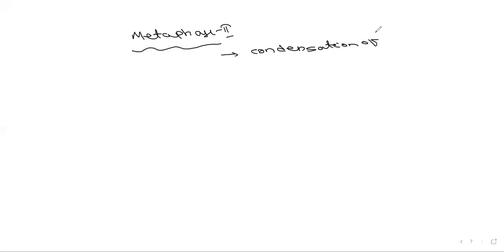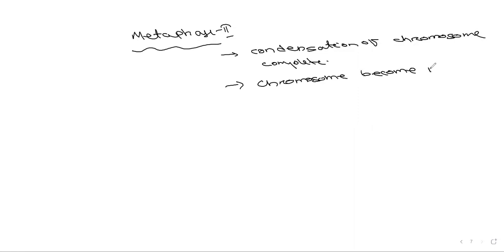Then let's come to your metaphase 2. This is also the same as compared to mitosis. Here in metaphase 2, condensation of the chromosomes is complete. So the chromosomes appear rod-shaped.